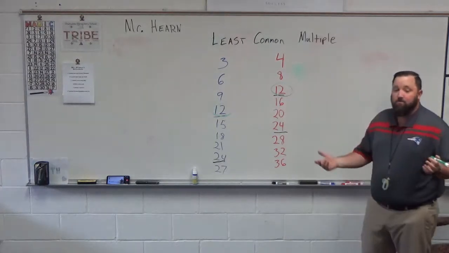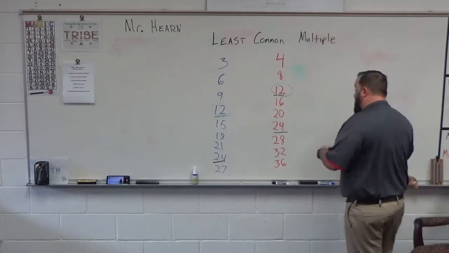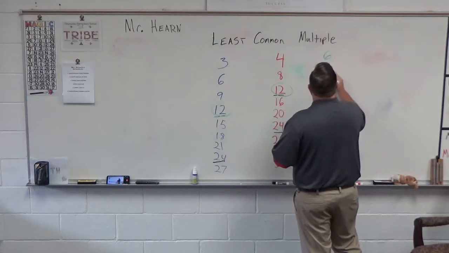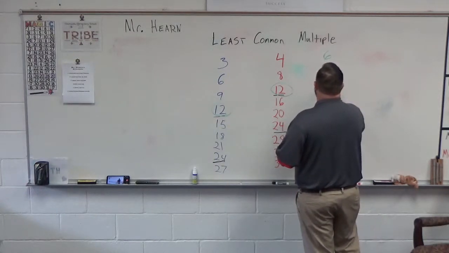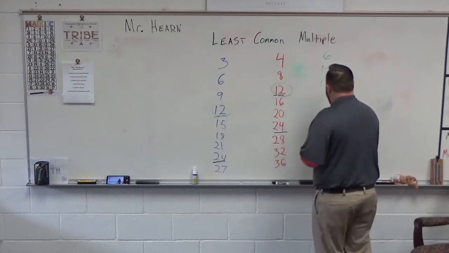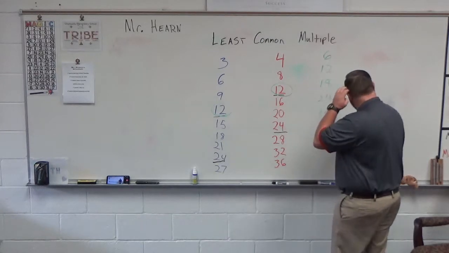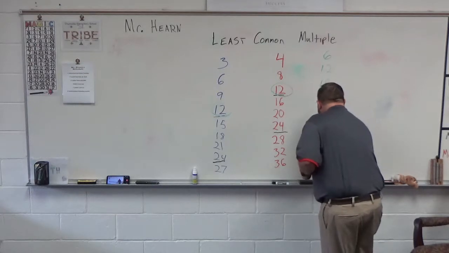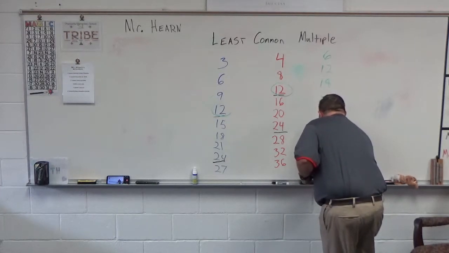Now, I can also do this with 3 numbers. Let's say I have 6. I'm using 6 because it's easy: 6 times 2 is 12, 6 times 3 is 18, then 24, 30, 36, 42, 48, 54.